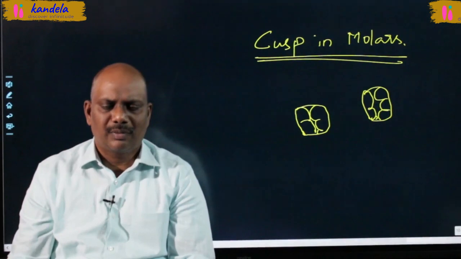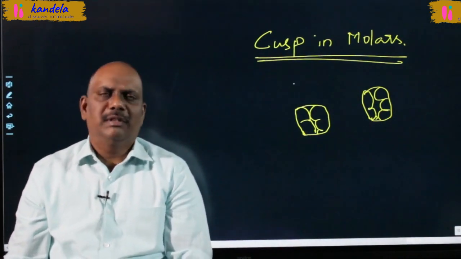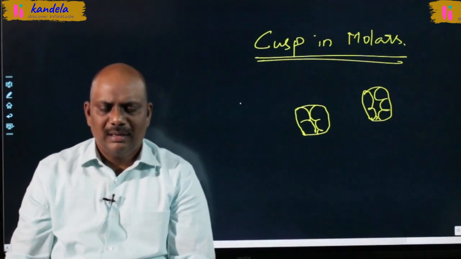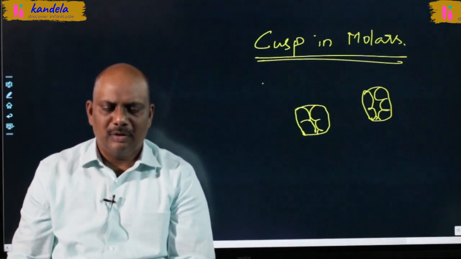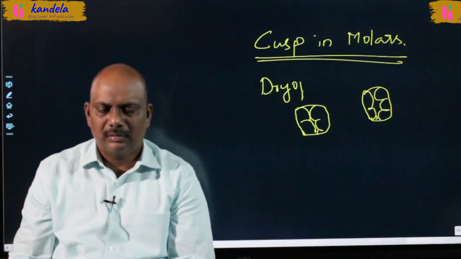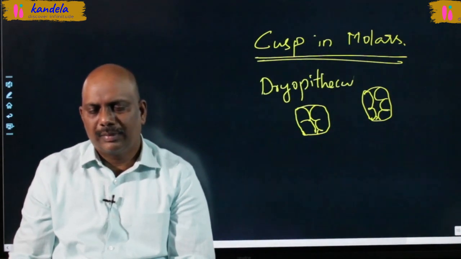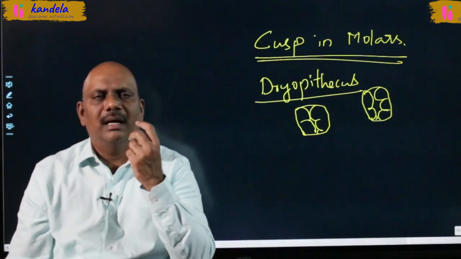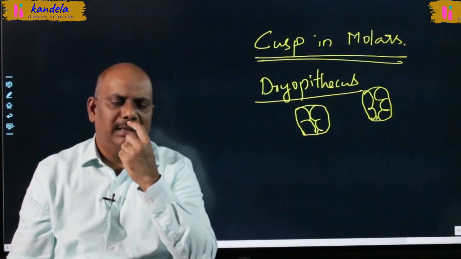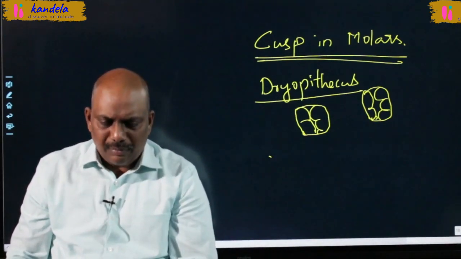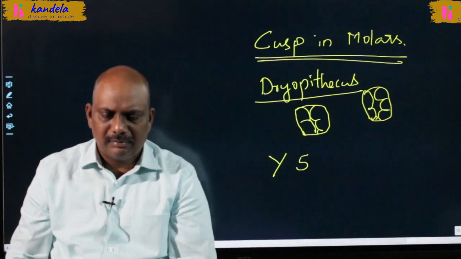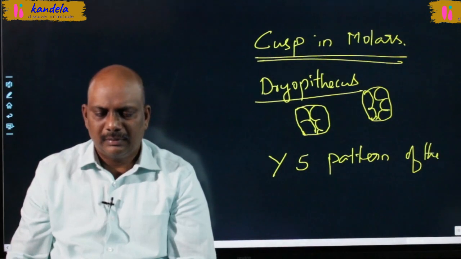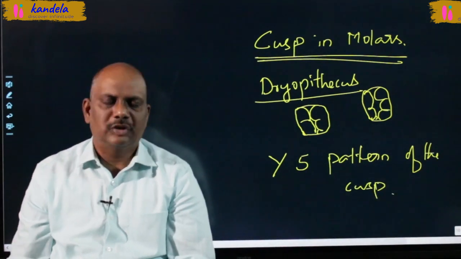A few primitive apes which lived before Australopithecus, some 10 million years ago, 13 million years ago, include one important genus called Dryopithecus. This Dryopithecus is a primitive ape, and the very important and prominent character of the molars of Dryopithecus is the Y5 pattern of the cusps.